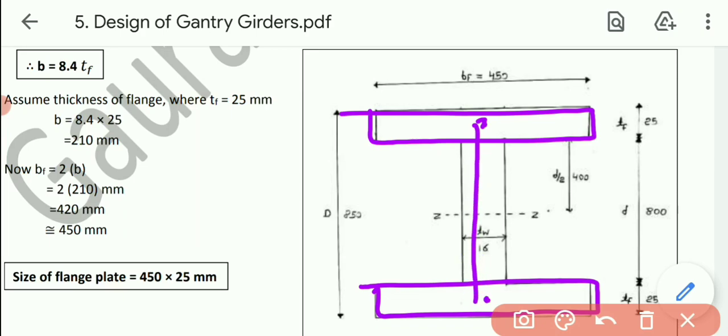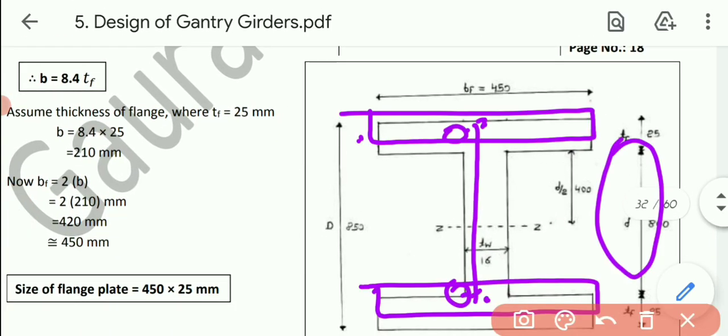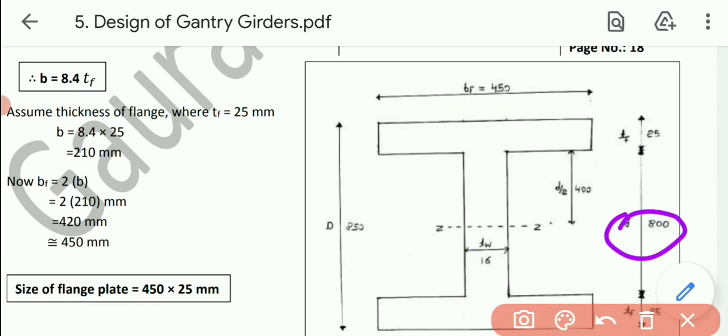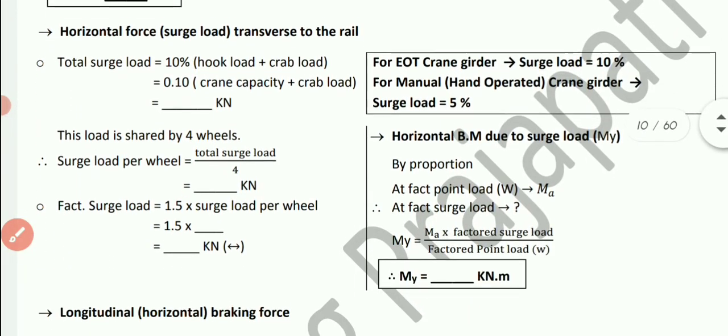In this one, the half depth of the flange will be there, the entire depth of the web, and again half depth of the flange.